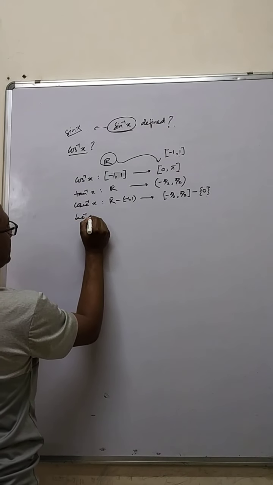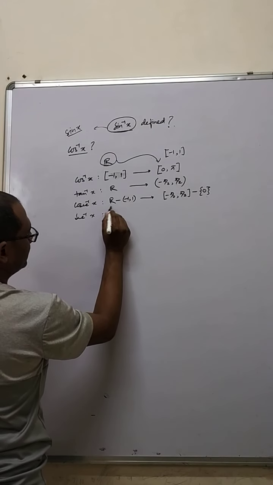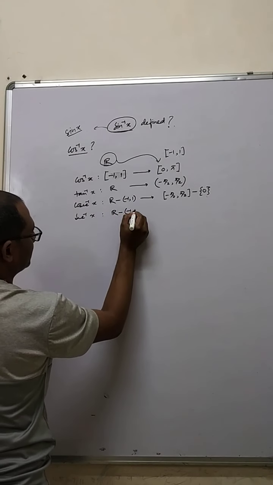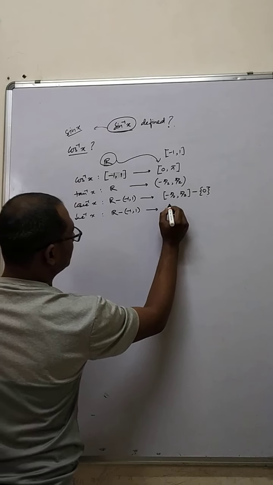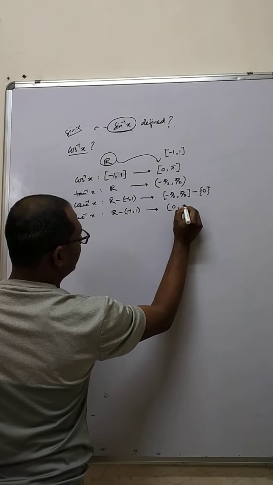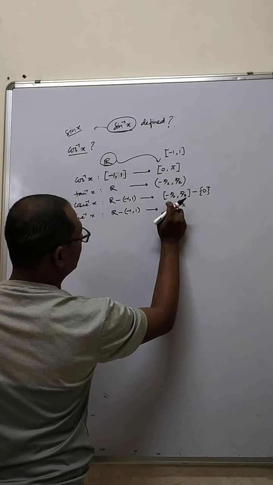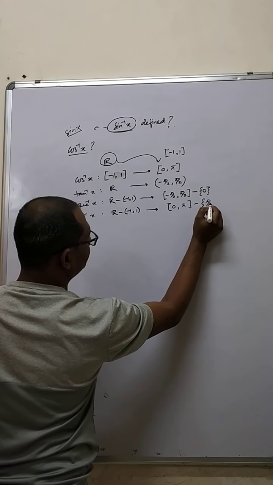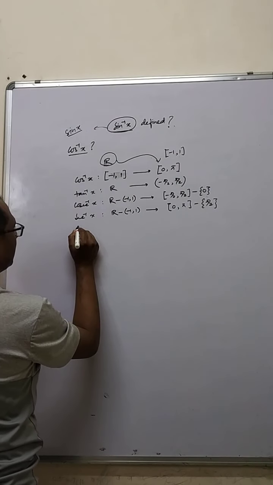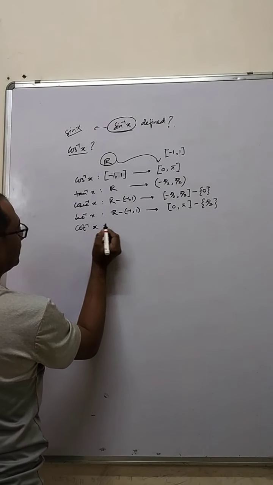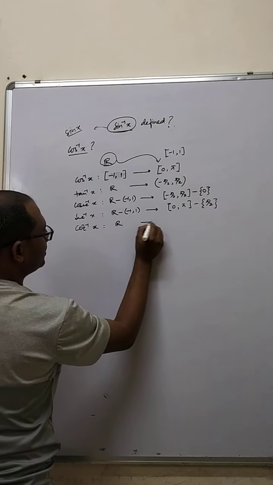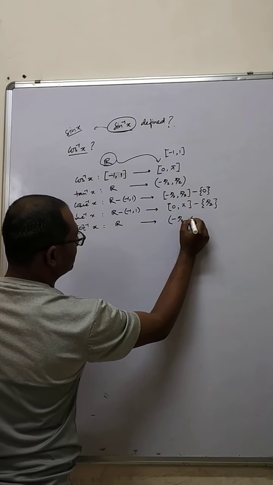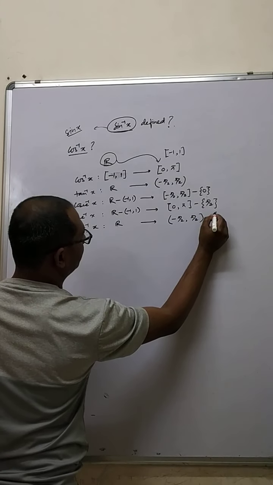Sec inverse x will be defined from all R minus (-1, 1) to the closed interval 0 to pi minus pi/2. And cot inverse of x will be defined from R to -pi/2 to pi/2 minus 0.